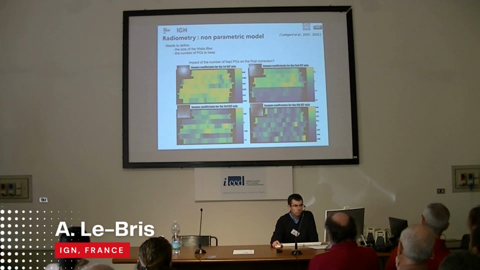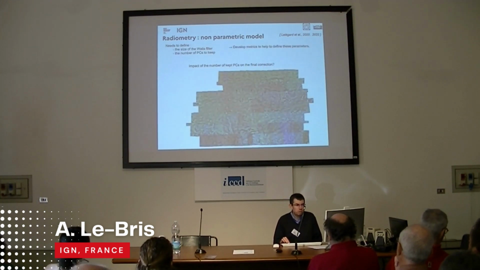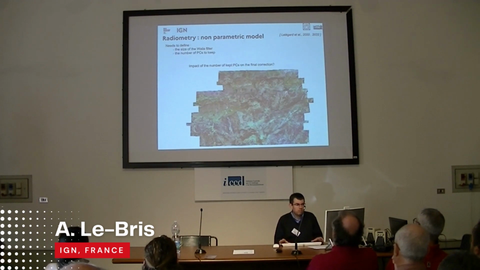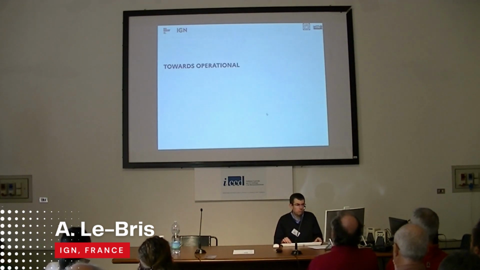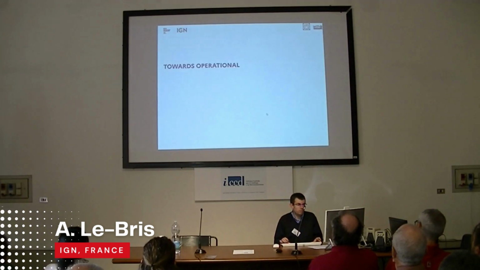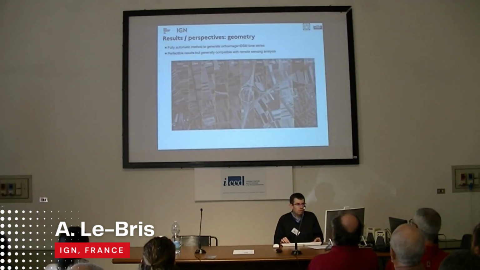And here we come into detailed correction. So how many principal components are we supposed to keep to have the best correction? This is not easy. If we don't take enough, we have this kind of result. And if we take too many, we can also have too detailed corrections. So it's current work to try to define the best number of principal components to be kept for the correction.